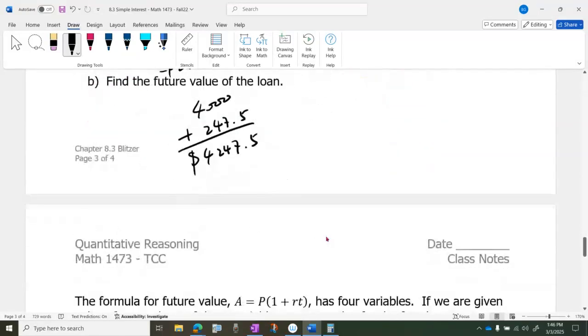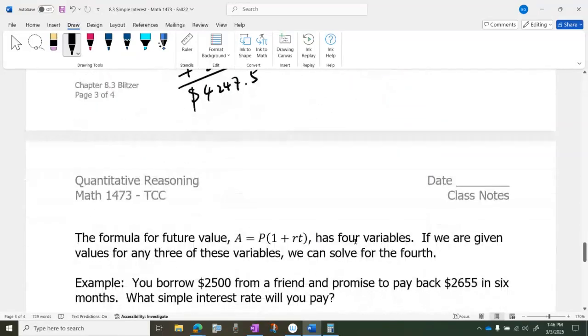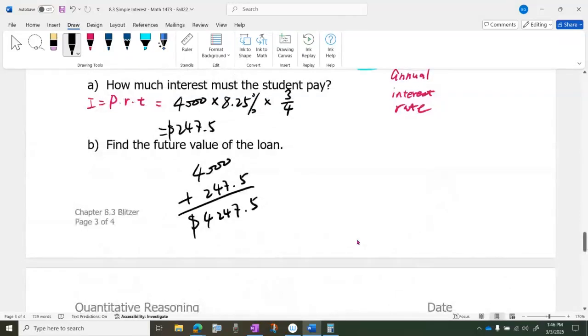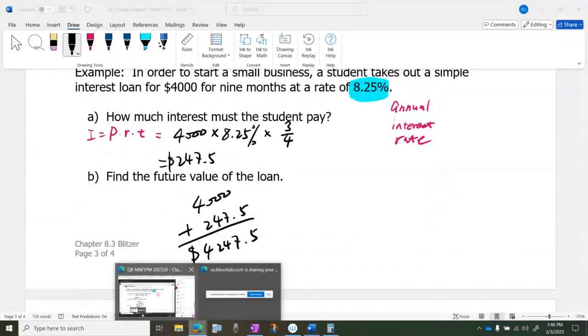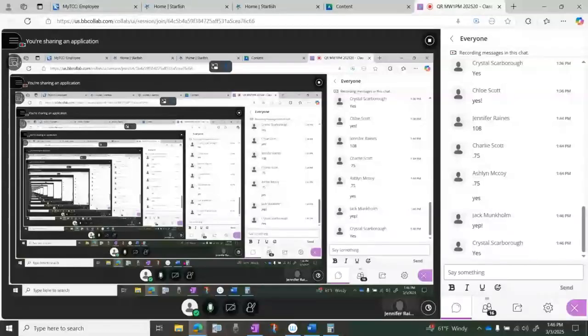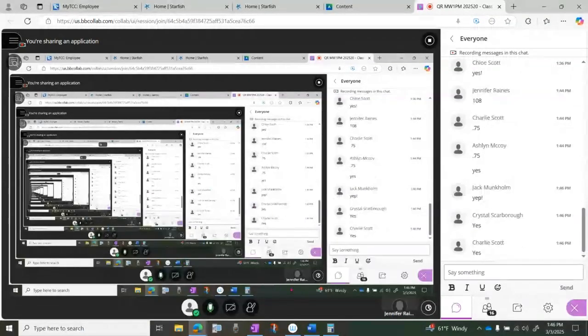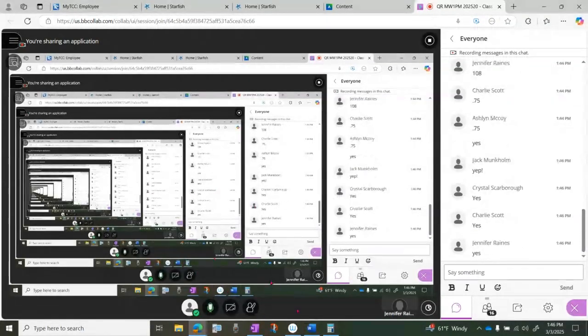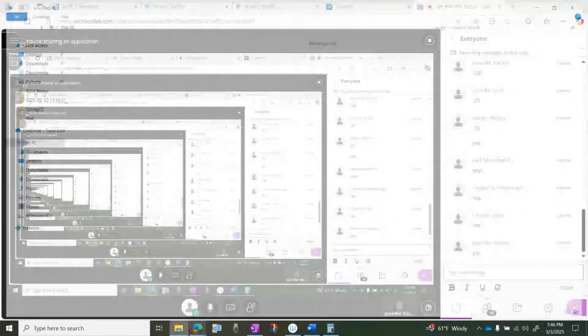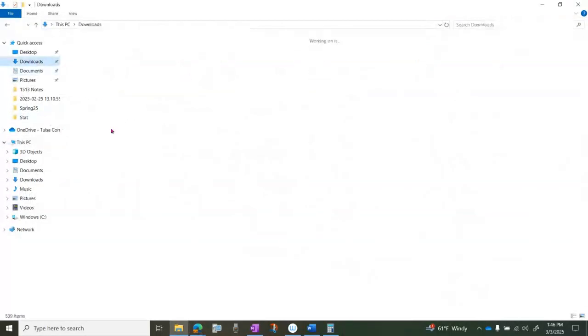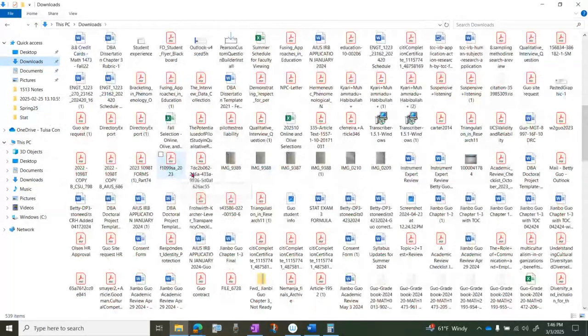All right. Is that clear, guys? Simple interest is pretty simple, right? And now let's look at compound interest. Let's find the problems about compound interest. I downloaded the guided note.